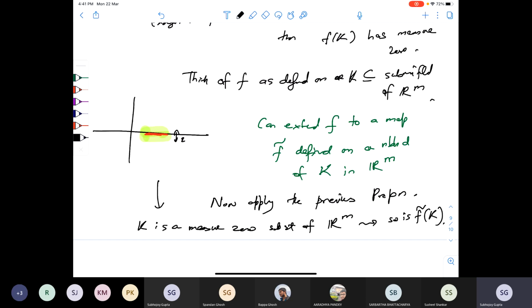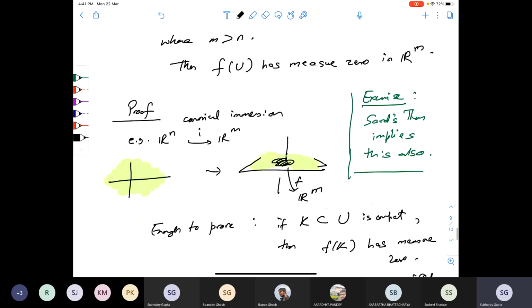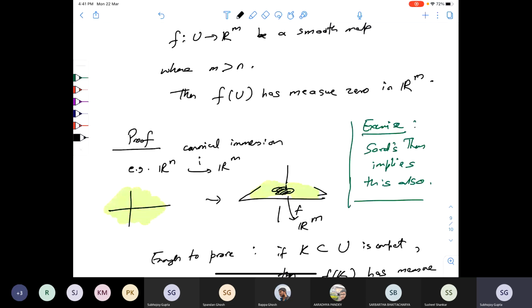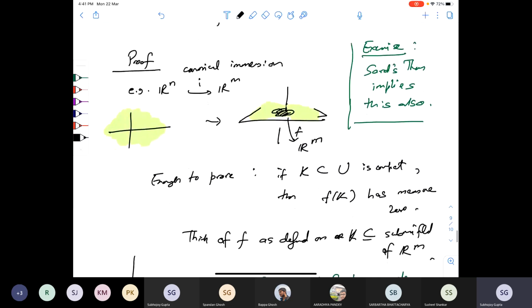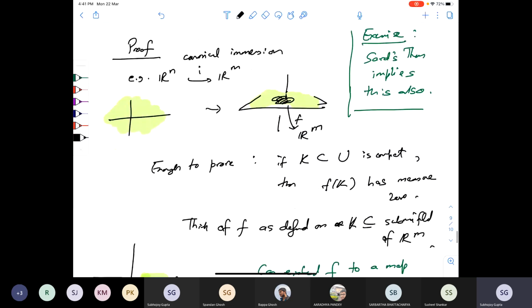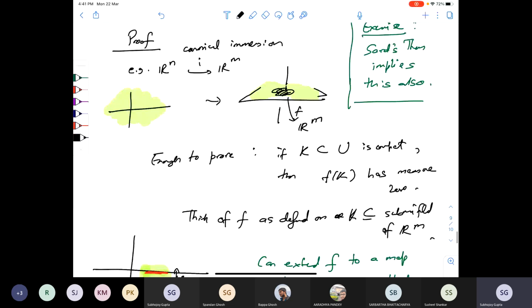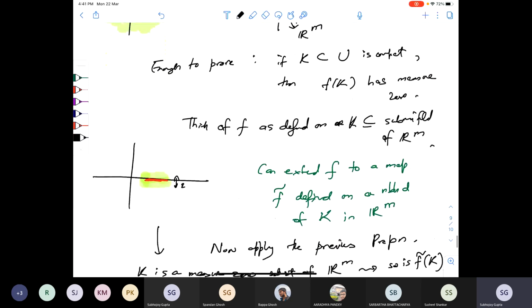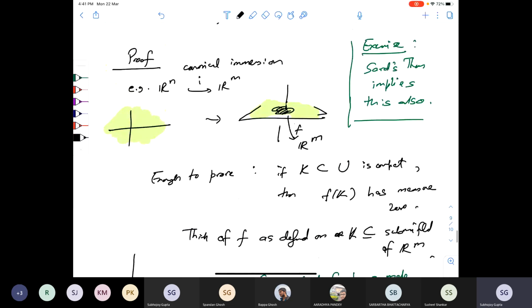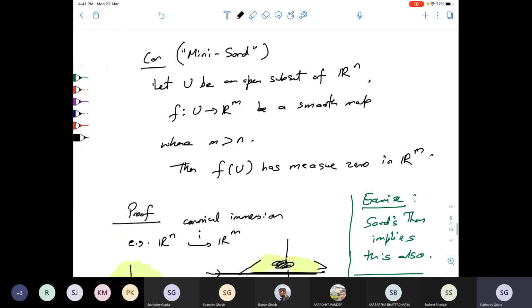So this is the sketch. Maybe I went over it very fast because I was out of time, in fact over time. But the point is that this is how you prove this corollary: if you are mapping into a bigger dimensional space, then your images always have measure zero. This is going to be crucial for us in the proof of the Whitney embedding theorem.